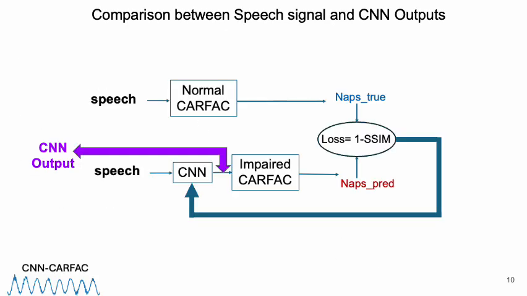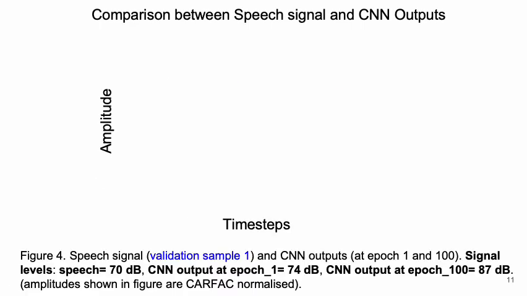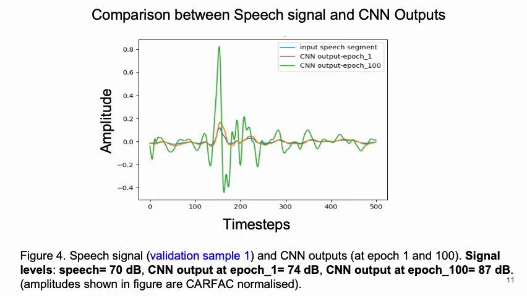So from here we will have a closer look at different sections of the framework to confirm the amplification role of the CNN. First of all, the CNN output, which will be the input to the impaired CARFAC. So basically we are comparing the speech input with the CNN output at different epochs. The blue one is the input speech segment, while the orange one is the CNN output at epoch 1, and the green one is the CNN output at epoch 100.